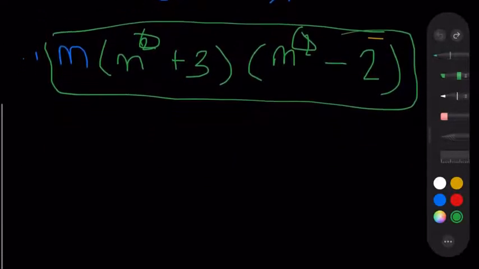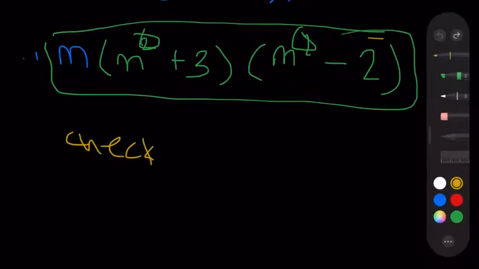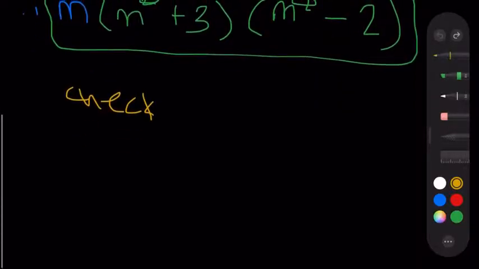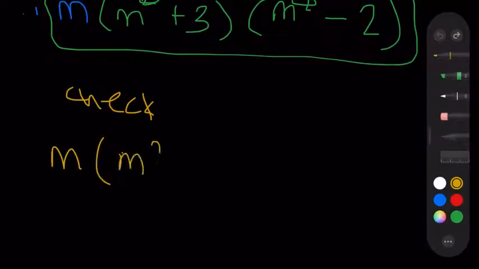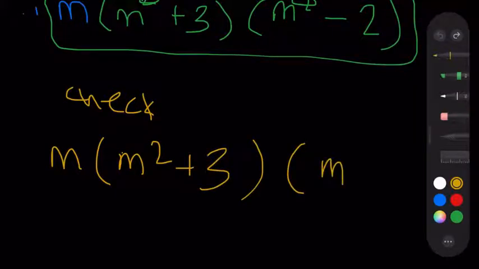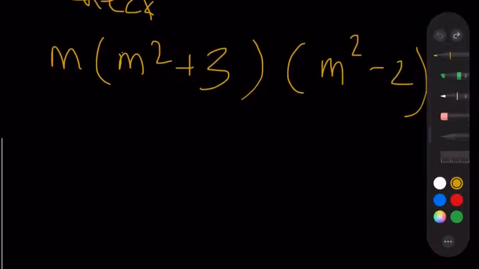How do you check that you got the correct answer? So here, check. You will take your answer, m to the power of 2 plus 3, m to the power of 2 minus 2, and close the bracket. I will choose a different color to show you.